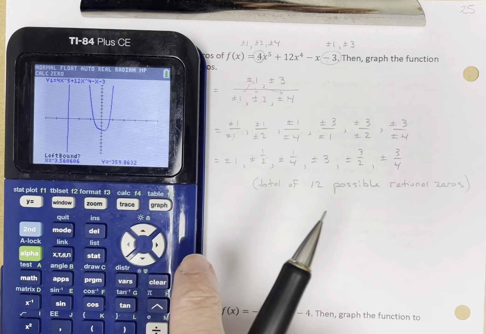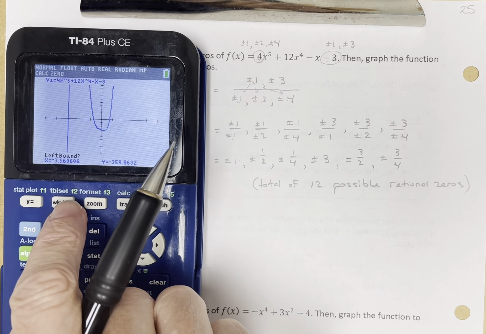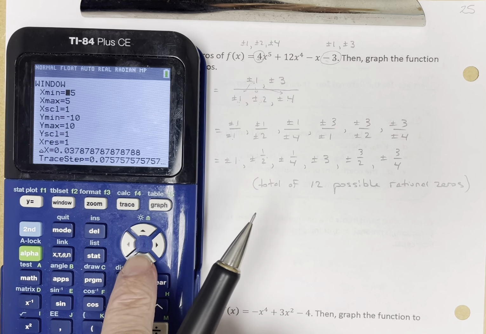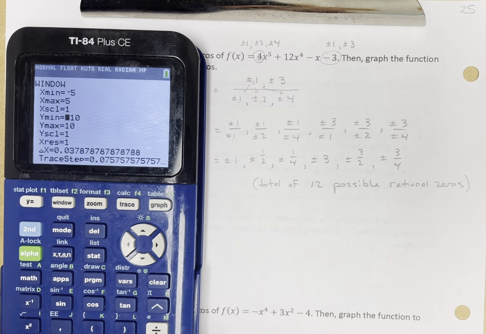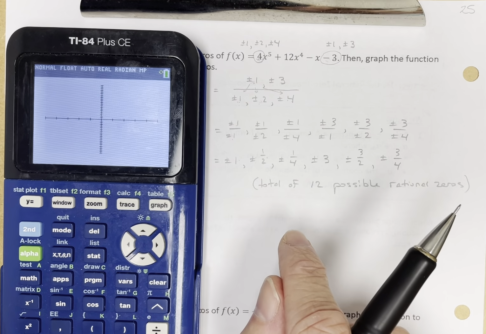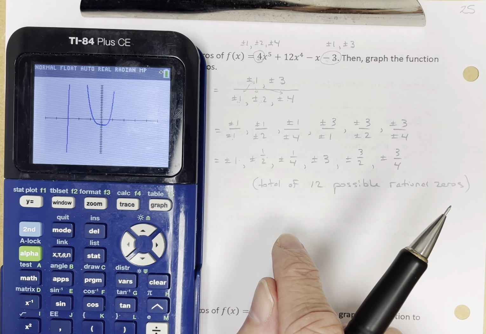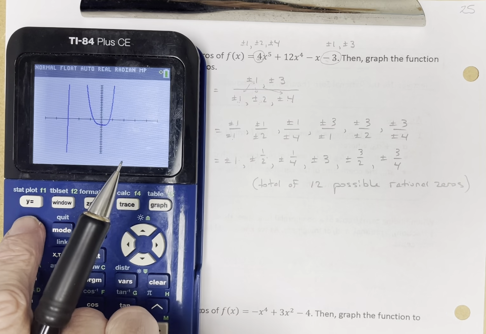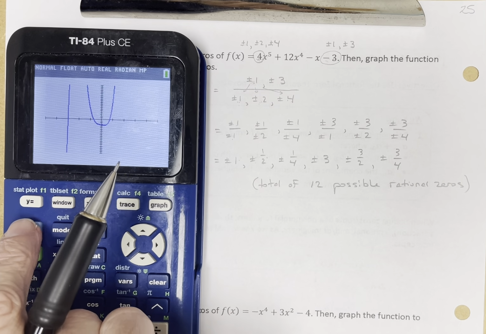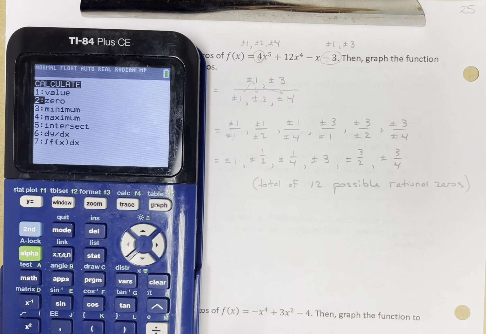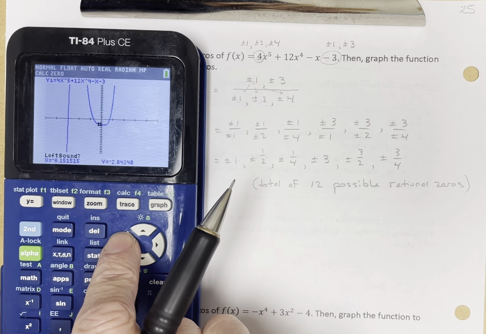Looks like I'm missing it. Let's go back to my window again. Let's go a little bit higher, from -10 to 10. Let's go -20 to 20, and let's try that as a graph. It goes way up there for some reason. Okay, so again, let's see if I can find that zero. Calc, the zero, and I'm trying to get over there.